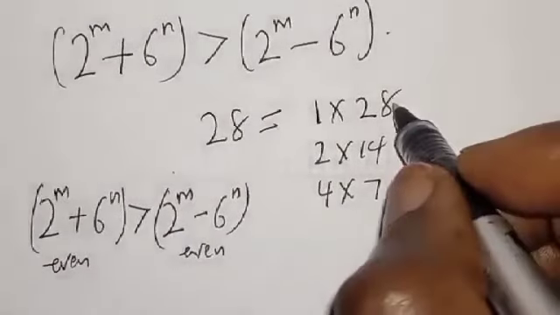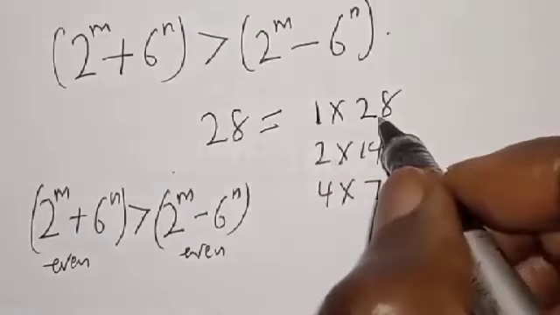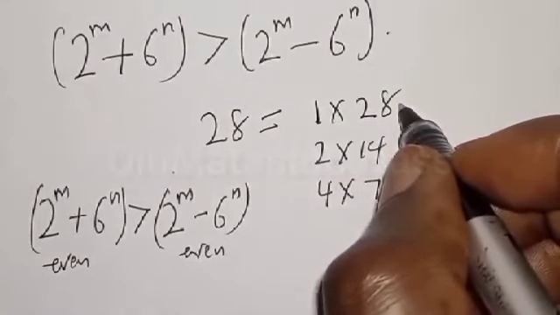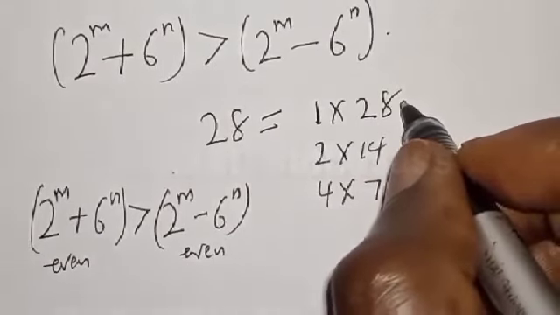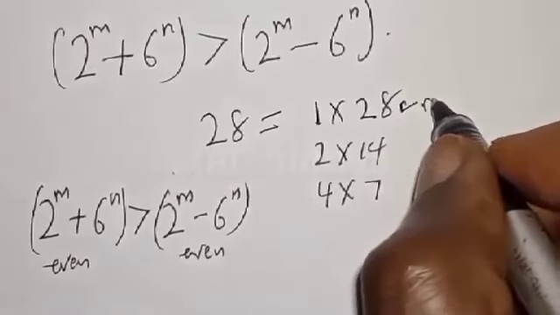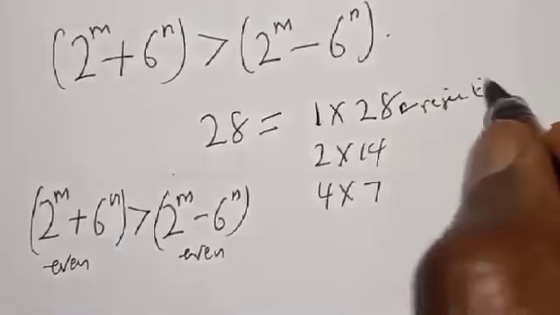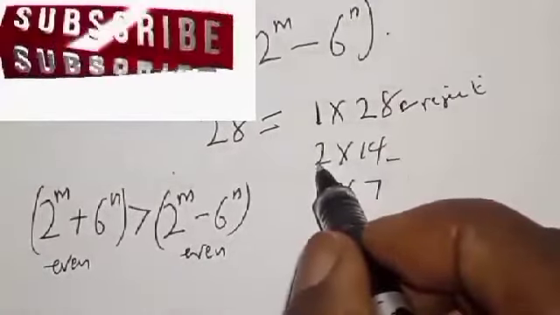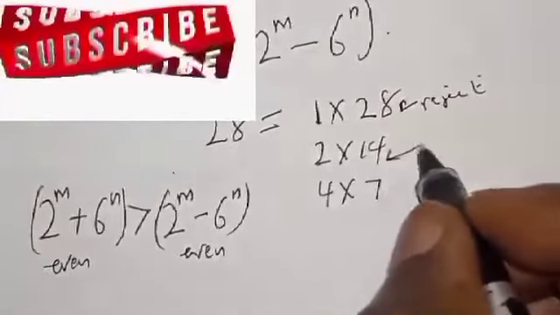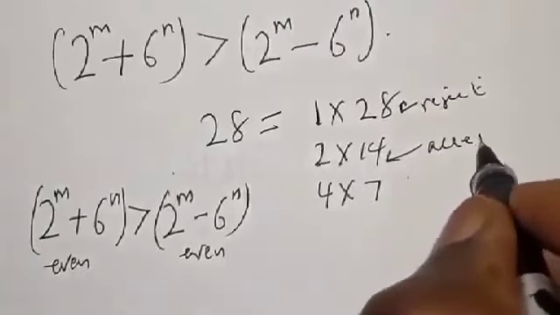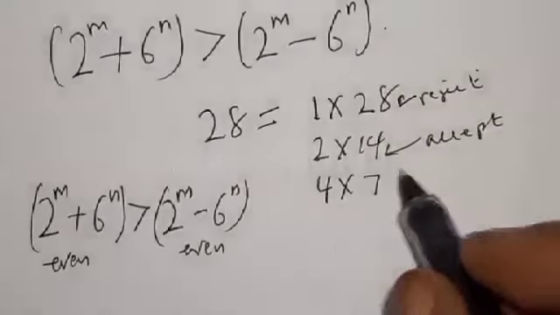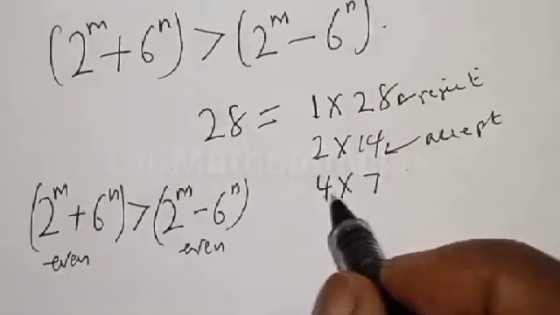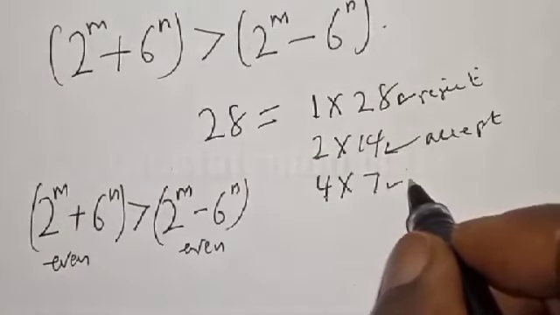Therefore, let's look at this pair. 1 is odd and 28 is even, then we reject this. Let's come to the next one. 2 is even and 14 is even, we accept this. Then for the last one, 4 is even and 7 is odd, we reject this.